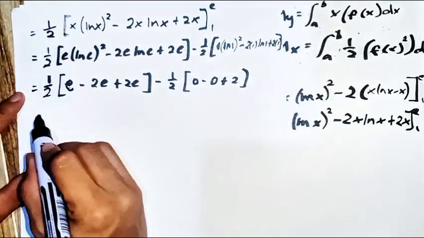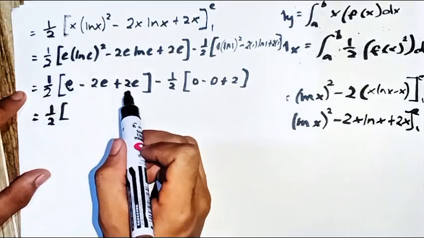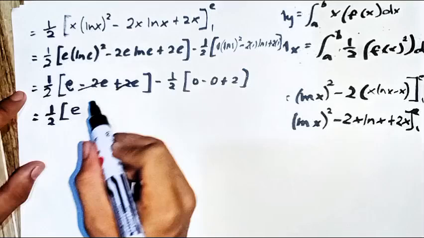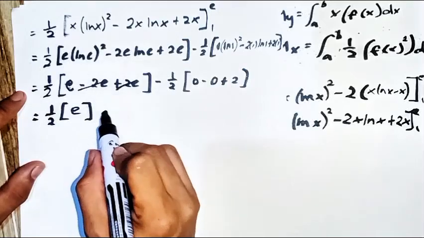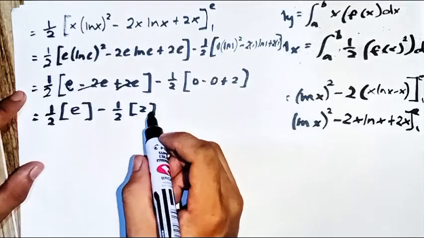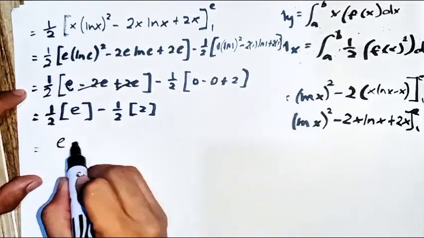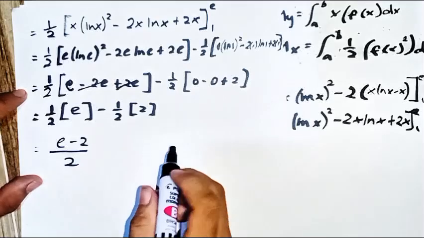As you can see, we have negative 2e plus 2e, so we can cancel it. So e, and we have here minus 1/2 times positive 2. So we can write it as (e minus 2) over 2.